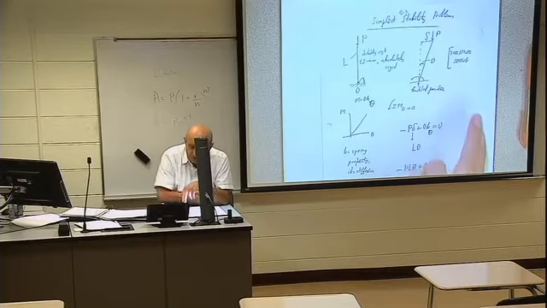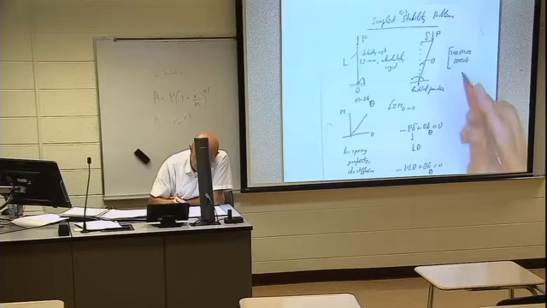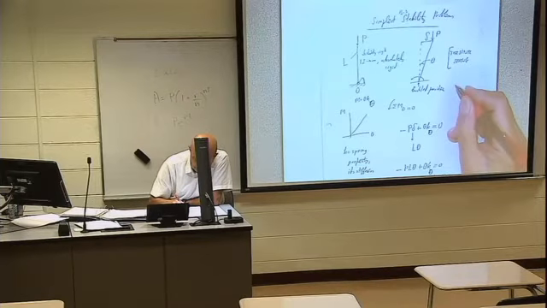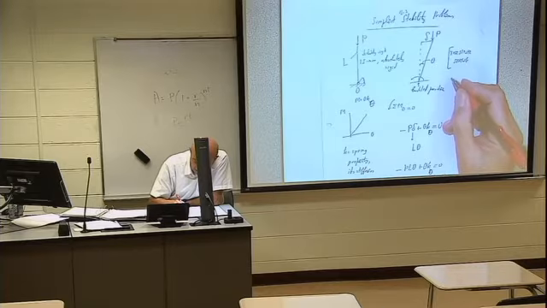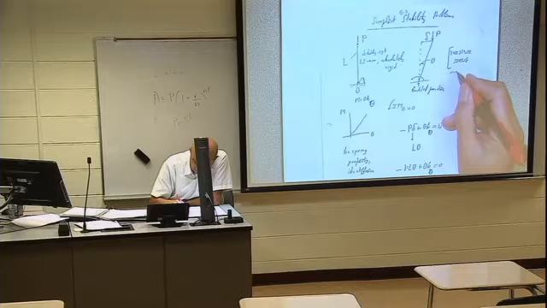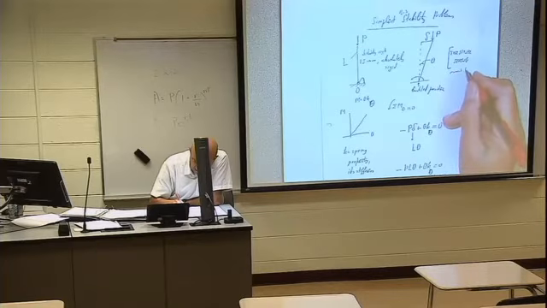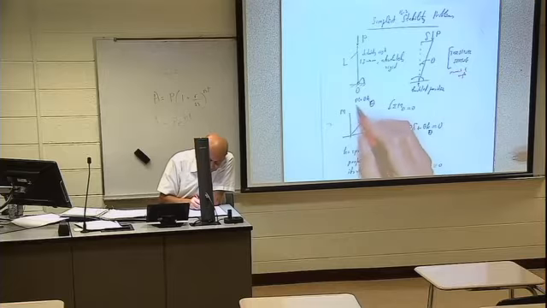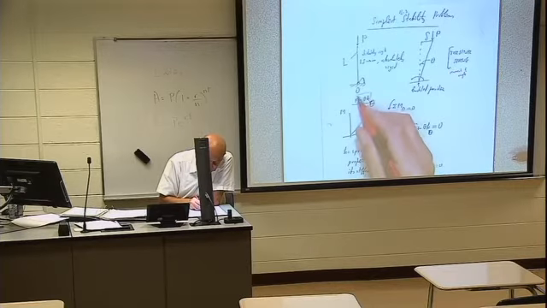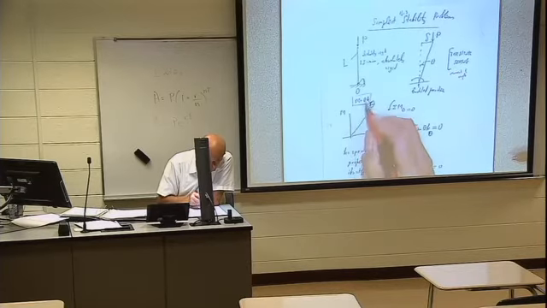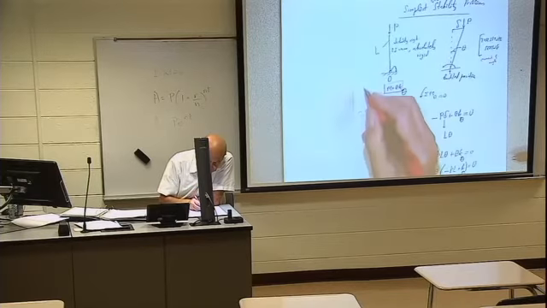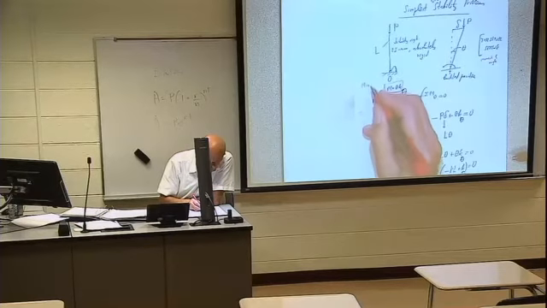Now, what is a torsional spring? A torsional spring is a spring where there is a connection between moment and angle, like this: moment is proportional to the angle.